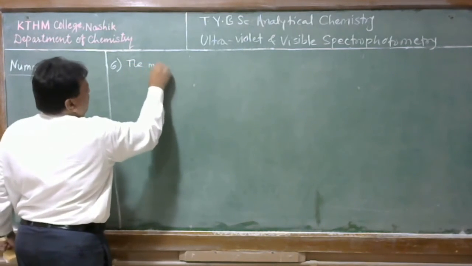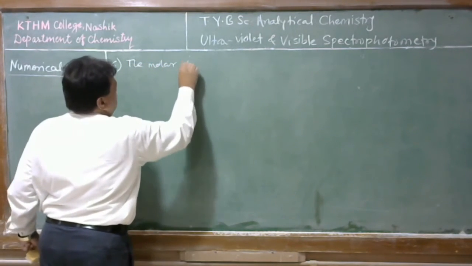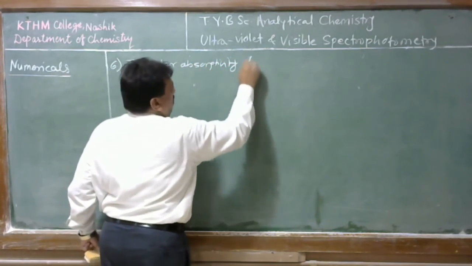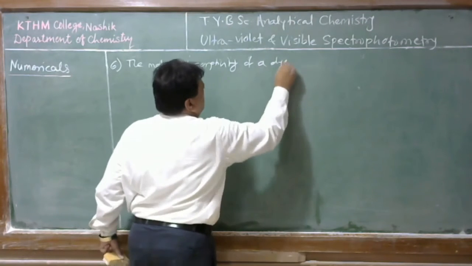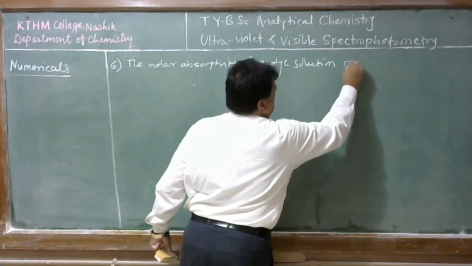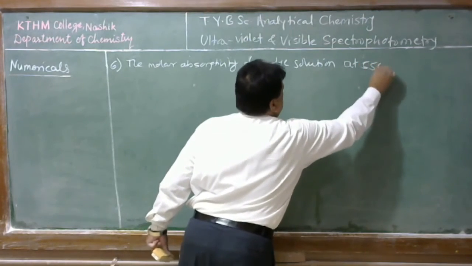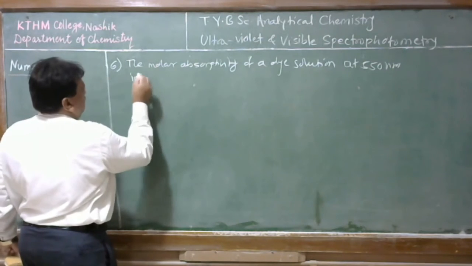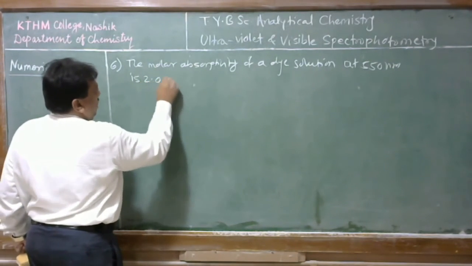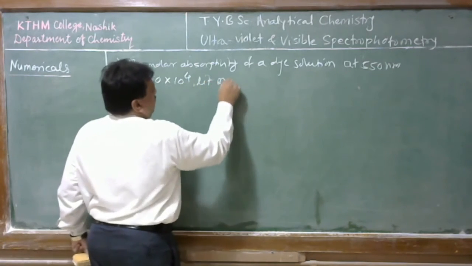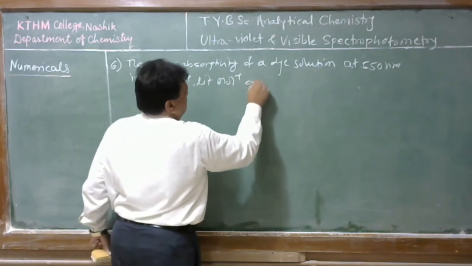The molar absorptivity of a dye solution at 550 nanometer is 2.0 into 10 raised to 4 liter per mole per centimeter.